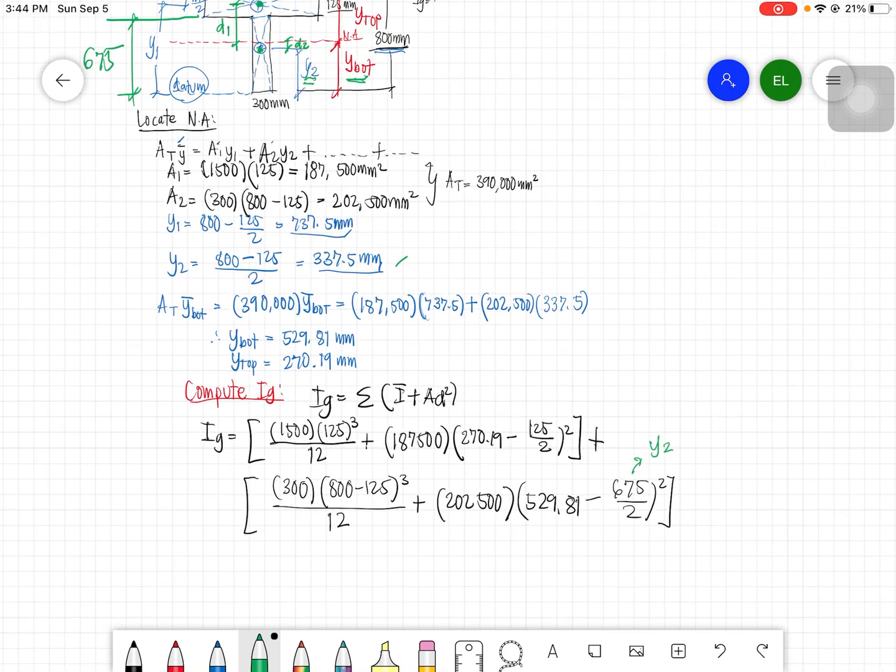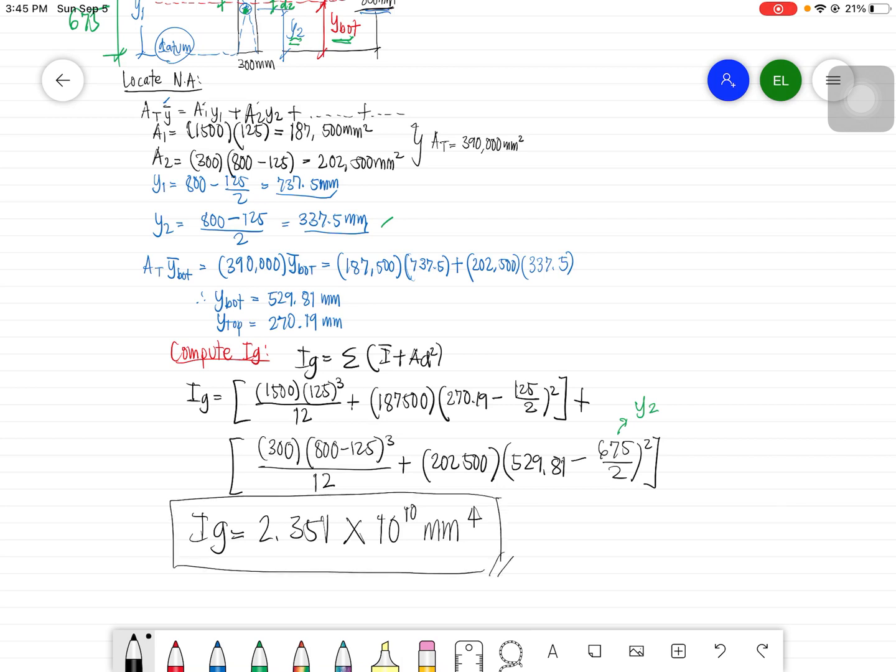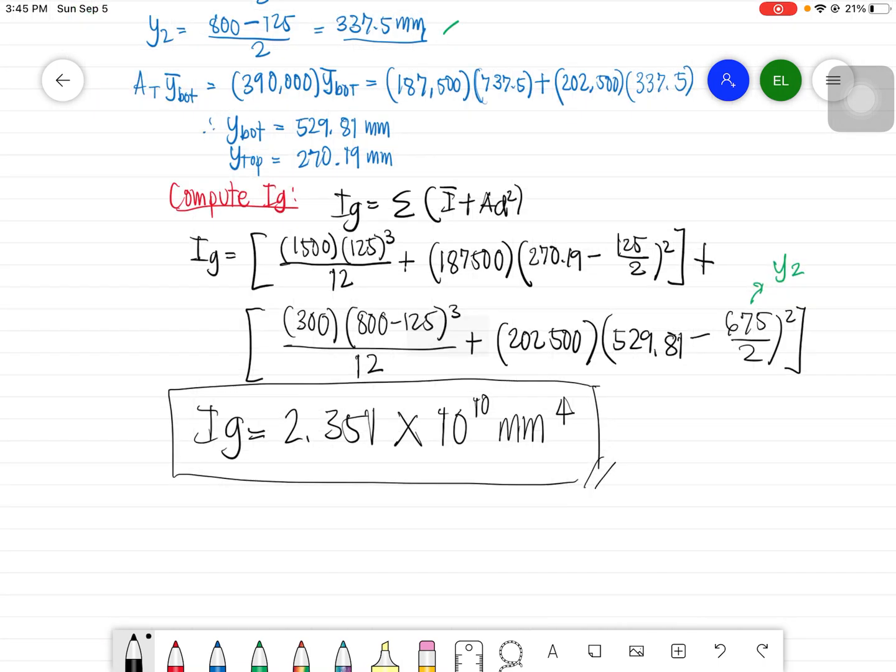Okay, so therefore we have Ig, which is equal to 2.351 times 10 raised to 10 mm raised to 4. Okay, that is for our Ig.